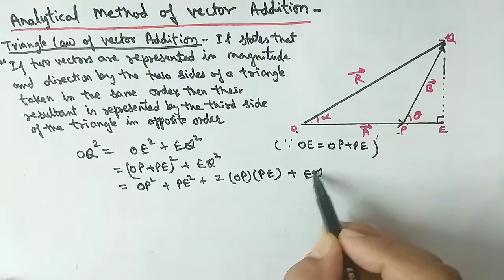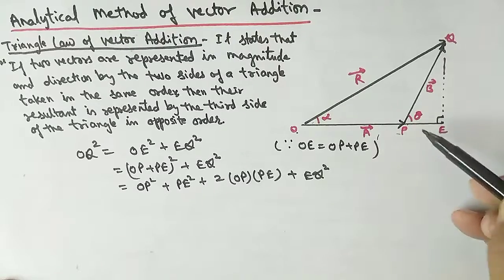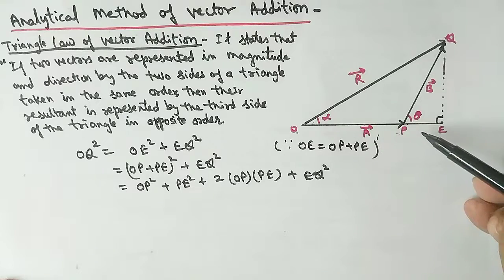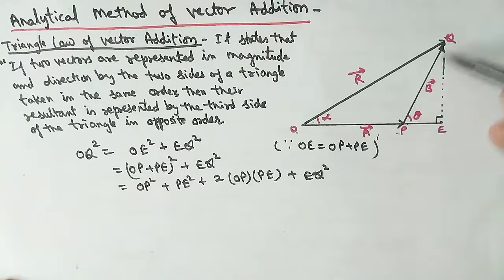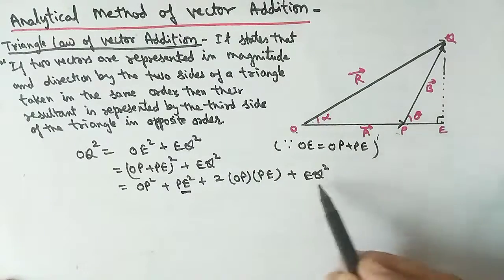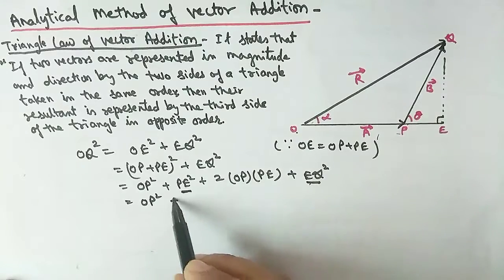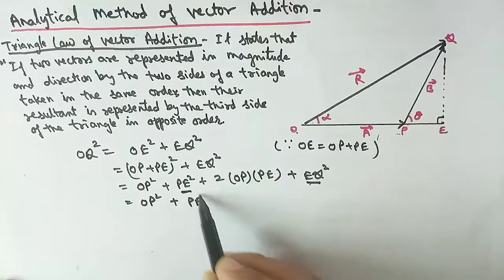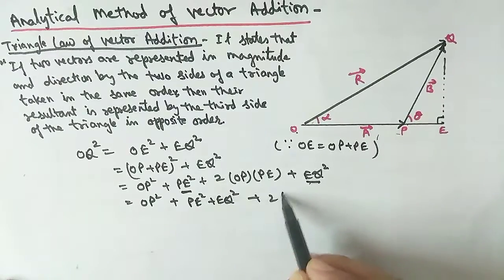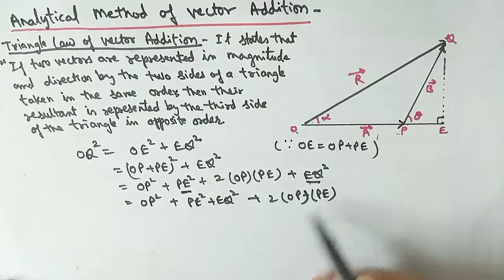Clear? Now if we take PE and QE, it is another triangle and it will be equal to PQ. So PE and EQ combined, we can write OP square plus PE square plus EQ square plus 2 OP into PE.